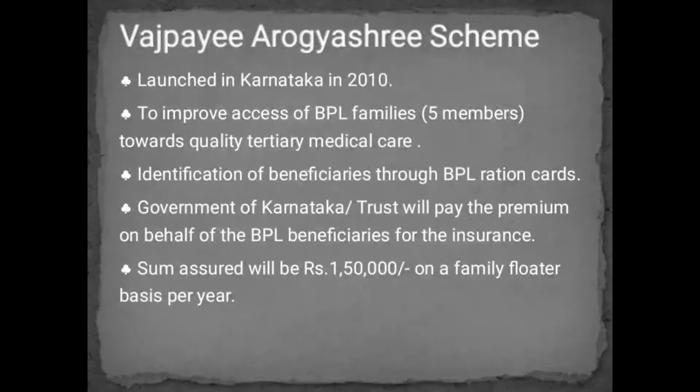Then the Vajpayee Arogya Shri scheme, launched in Karnataka in 2010 to improve access of BPL families to quality tertiary medical care. It covers only 5 members of the family. Identification of beneficiaries is through BPL ration cards. So it is not for everybody, only for holders of BPL ration cards.